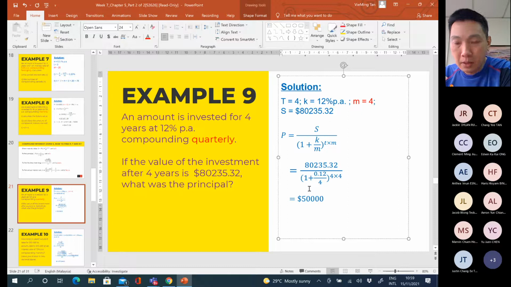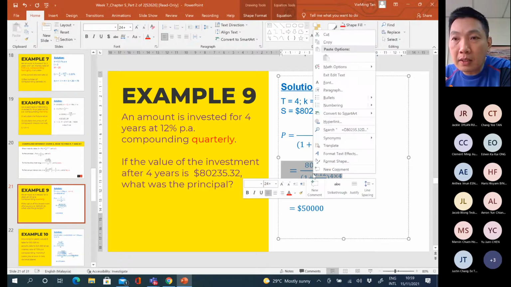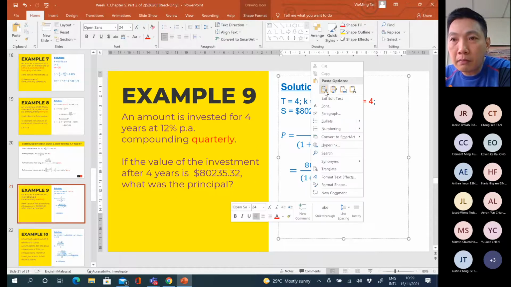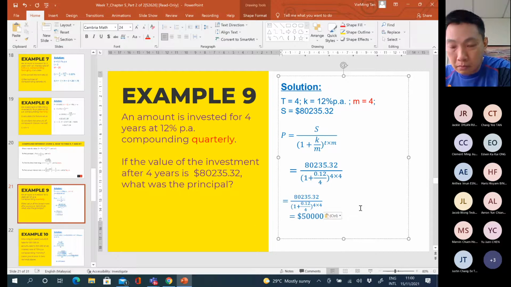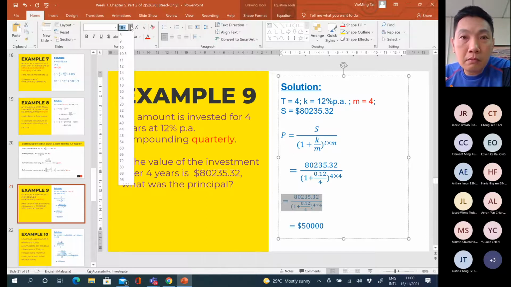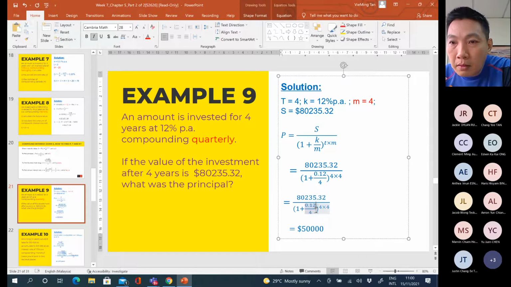All right. So if you want, you can add one more step before you get the final answer of 50,000. So this one you simplify is 1.03.